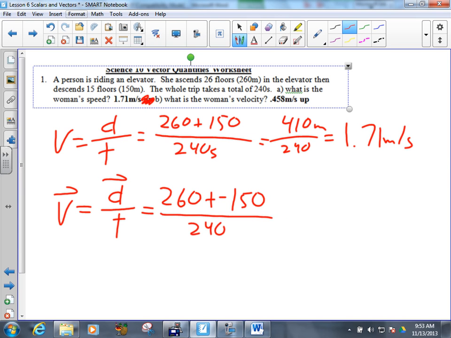So we're left with 110 meters up over 240 seconds, and when we do that, we get 0.458 meters per second up. She still ends up above where she started, which was ground level. Does that make sense? So that's one that's really illustrating there is a difference between speed, a scalar quantity, and velocity, a vector quantity. Are we good with that one?